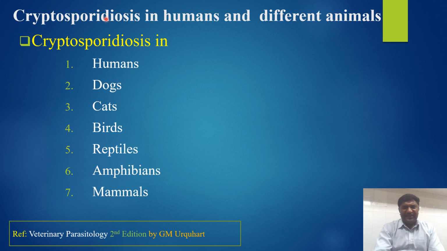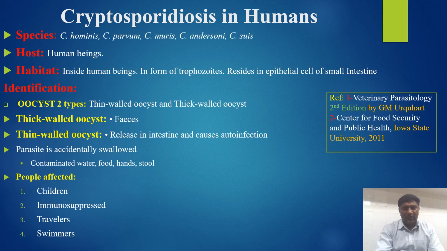So Cryptosporidiosis occurs in humans and other different animals: humans, dogs, cats, birds, reptiles, amphibians, mammals. Cryptosporidiosis in humans.